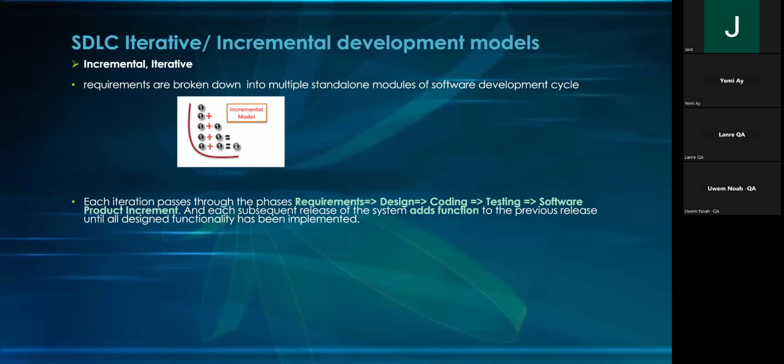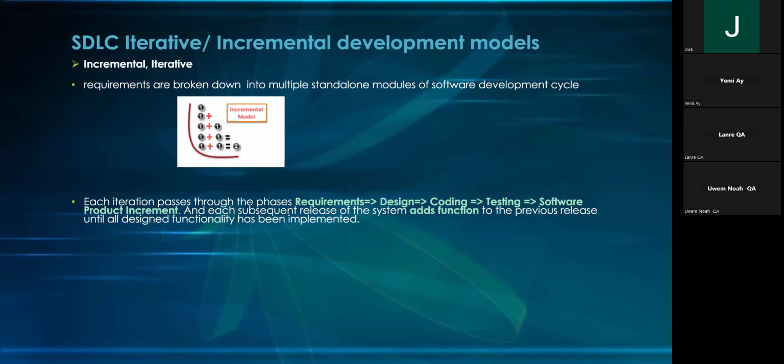Each iteration passes through these phases. Look at what you do: the requirement, you do the design, you do the coding, you do the testing, software product increment. So that's the way it does. So for login, you do requirement, design, we do the coding, we do the testing.